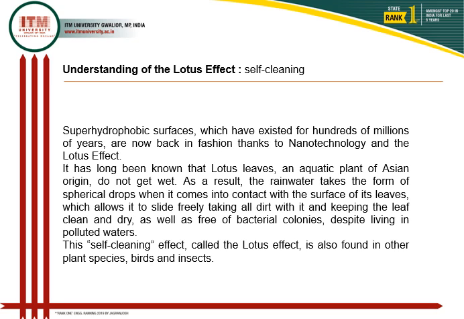As a result, rainwater takes the form of spherical drops when it comes into contact with the surface of leaves. Spherical drops mean the least contact surface between the two. And this allows them to slide freely, taking all the dirt that is on the leaf. Ultimately, the leaf is clean and dry, and also free of any bacterial colonies, despite living in polluted waters.